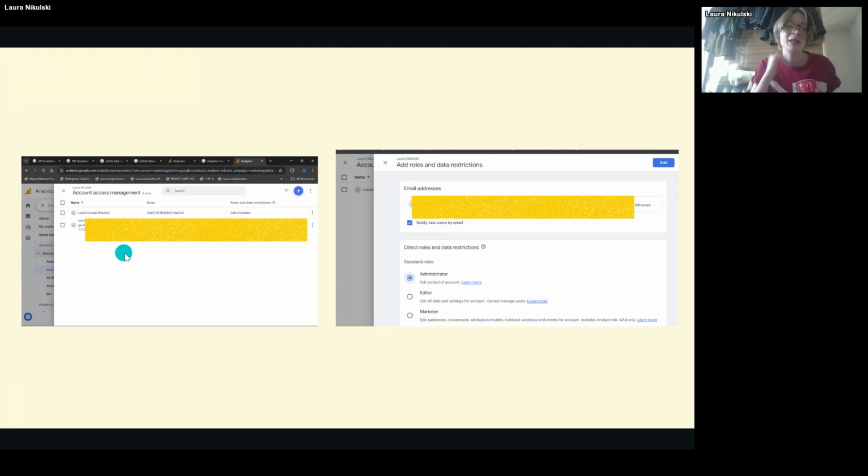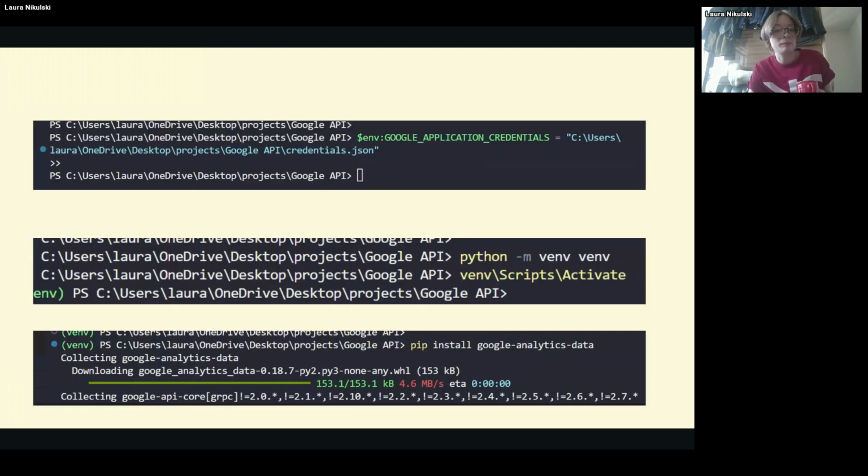For me, in my case, it's just a little bit tricky because I don't have a business. I just use my private Google account to set it all up. So, of course, it's going to look quite different when you actually have a business. So you do that. And then you set the credentials as your environment variable.